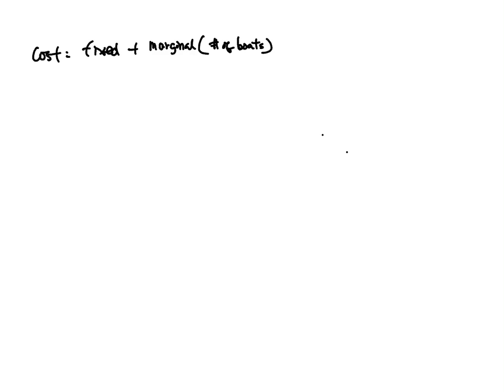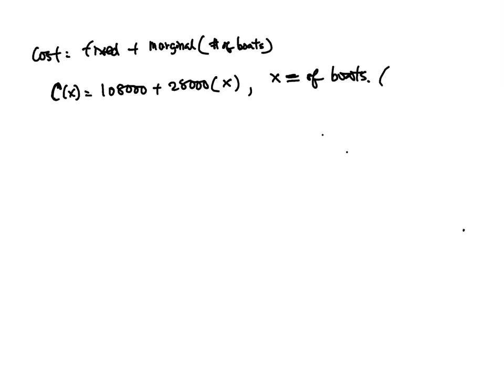So I'm going to call this C of x equal to 108,000 plus 28,000 times x, where x is the number of boats, or the recreational vessels, I should say. When I hear vessel, I think about boats. So that's going to be our cost.